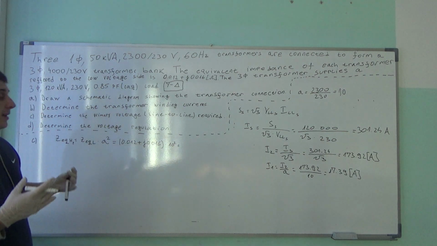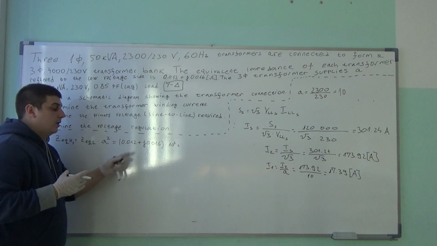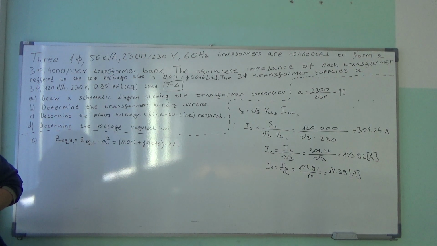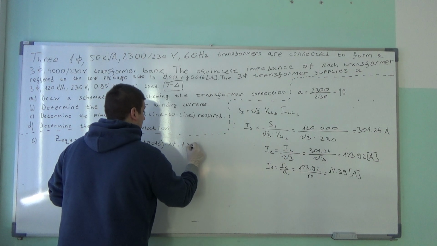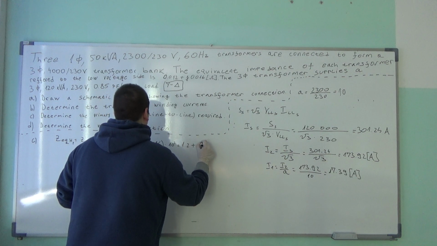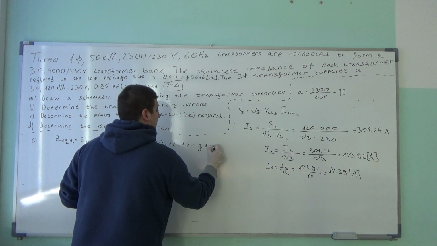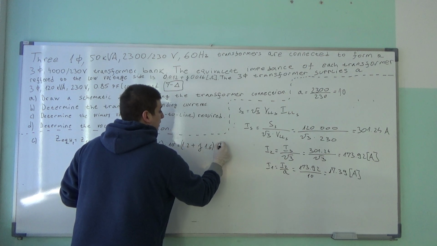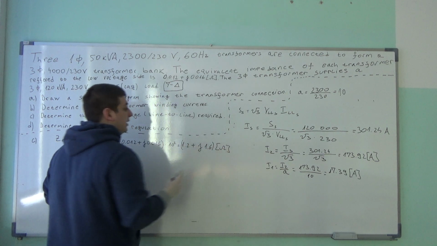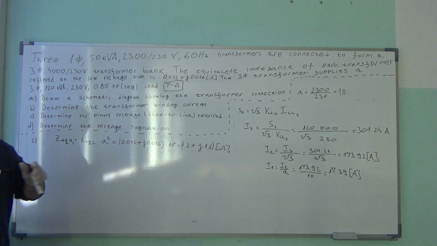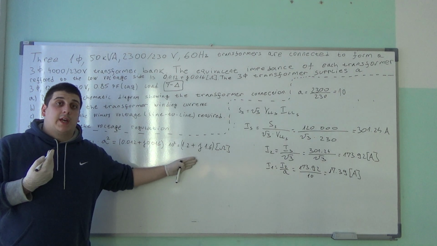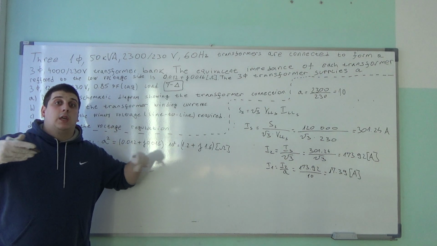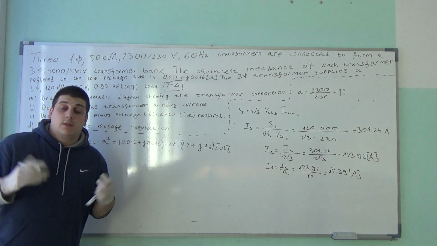When you do all this, this is equal to 1.2 plus j 1.6, all this in ohms. So this is the equivalent impedance looking at it from the high voltage side, as we did in my previous videos.